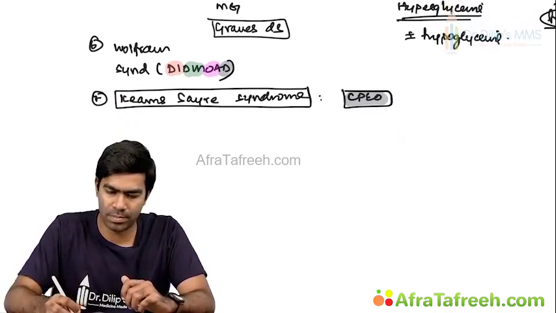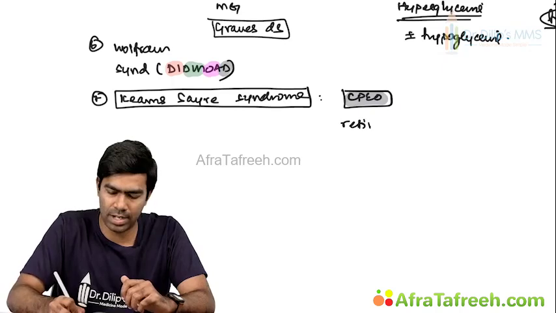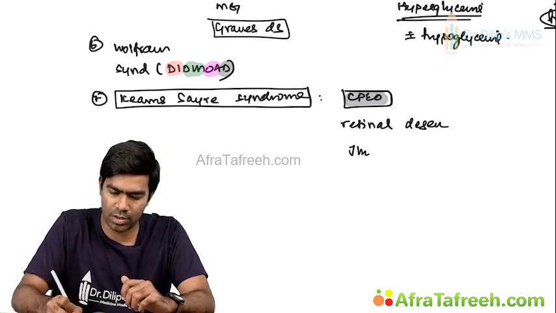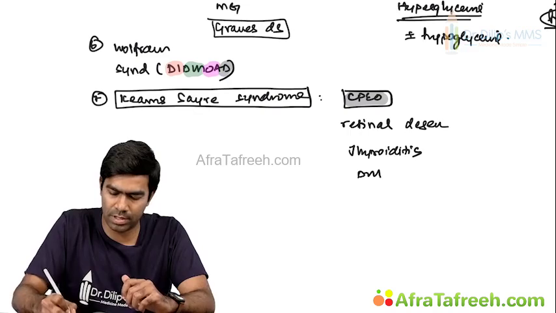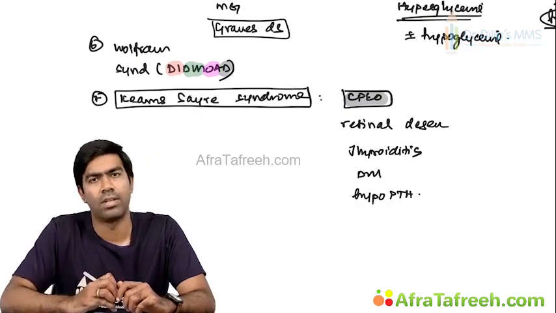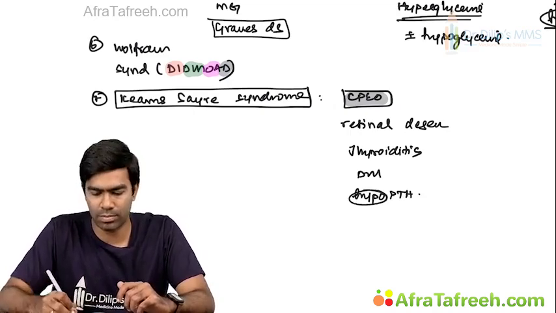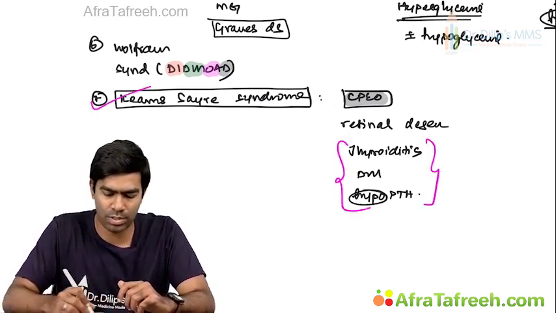These patients may have retinal degeneration as well, and they can have thyroiditis, diabetes mellitus, and hypoparathyroidism. Clear? So these are the endocrine components of Kearns-Sayre syndrome.